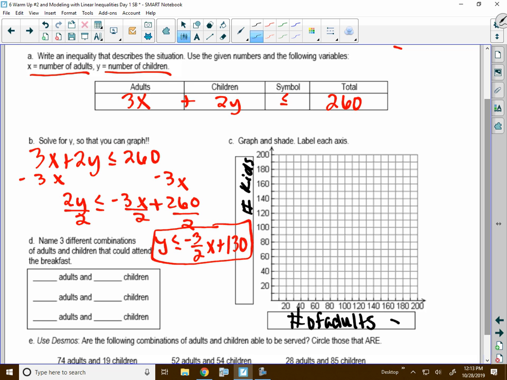All right, you can go ahead and graph. So your y-intercept is 130. Slope is negative 3 over 2. Solid or dotted line on this one? Solid line. And we're shading below.